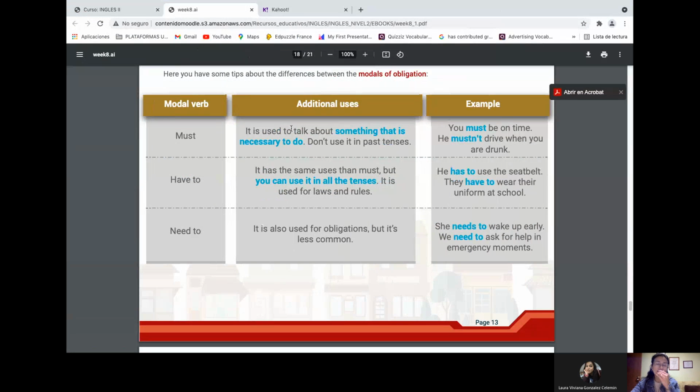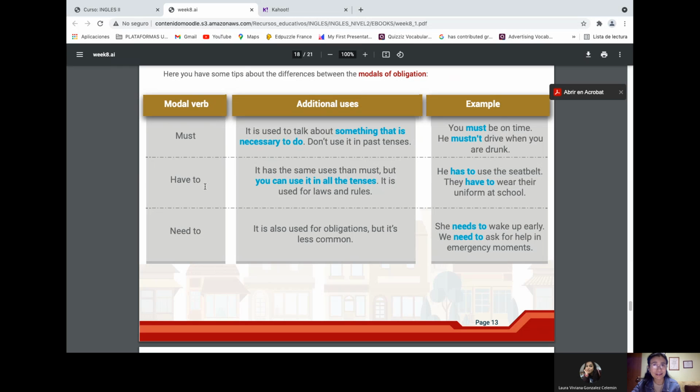So here in this chart, you can see three modals of obligation: must, have to, and need to. Today, we are going to practice two of them in particular, must and have to. Those modals are used when you are going to express obligations.